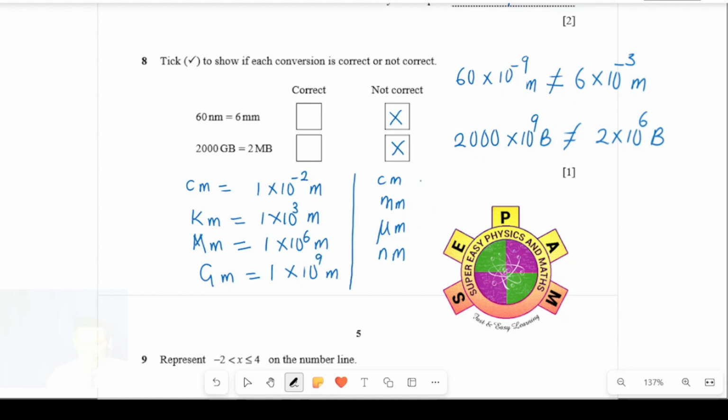So this is divide by 1000, this is divide by 1 million, and this one is divided by 1 billion. All right.